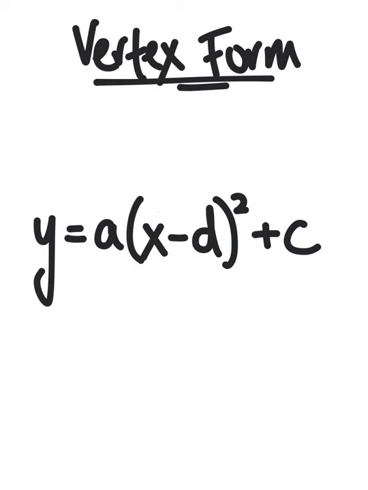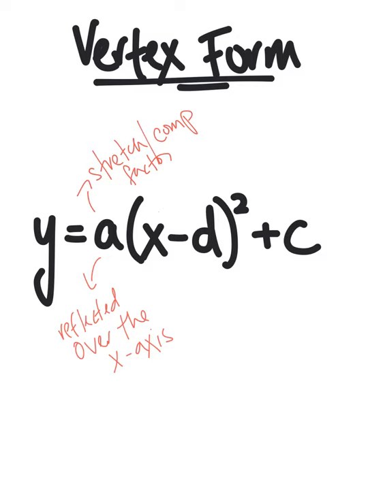So just as a little recap of our transformations that we've been looking at for the last little while, we have our stretch factor, which is a. If it's negative, it also tells you that there's a vertical flip. And if it's greater than 1, it tells you that it's a vertical stretch. If it's between 0 and 1, so it's a fraction, then it's a vertical compression.